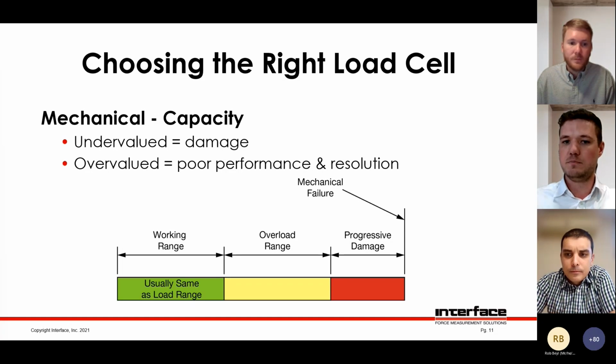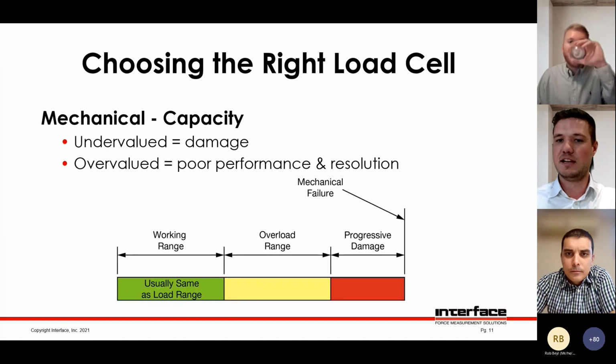And past that point, permanent damage occurs. So the flexure is permanently deformed. It's irreparable most of the time, and you will be looking at replacing the load cell. That 50% overload capacity is meant to be used for unforeseen events, so things like the actuator locking up or something breaking in the system and overloading the load cell.